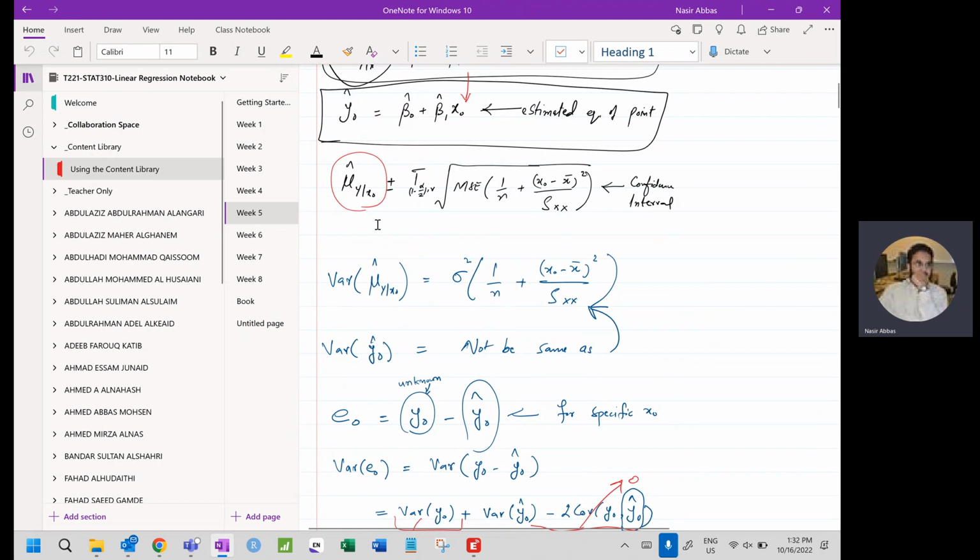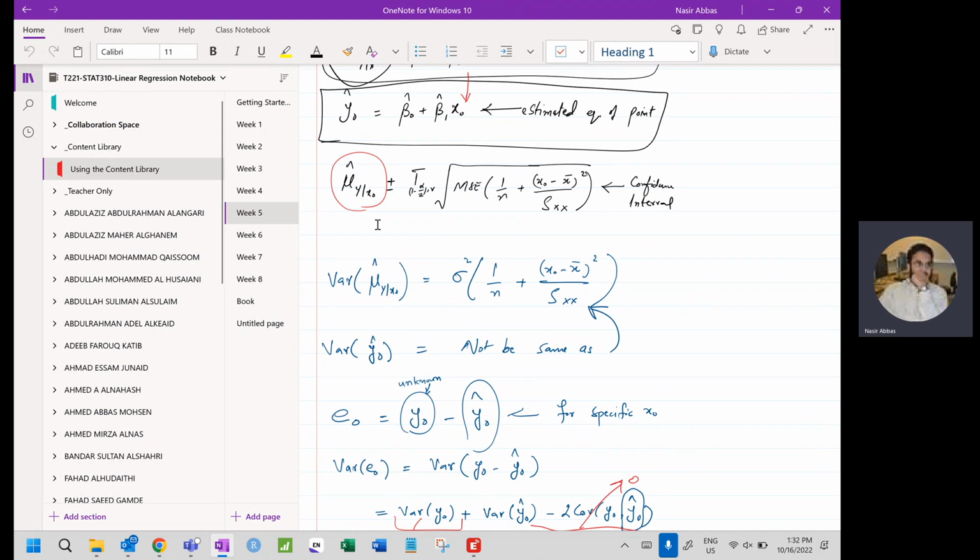The discussion was that from the model, if you put x naught, this is what you will get, right? You will not get y naught tag, but we are saying that because we have no more information, if we just have to guess the single value, what is the best guess? Average is the best guess. So we said that we borrow this y naught hat from this one, and we say y naught hat will be the same as mu hat.